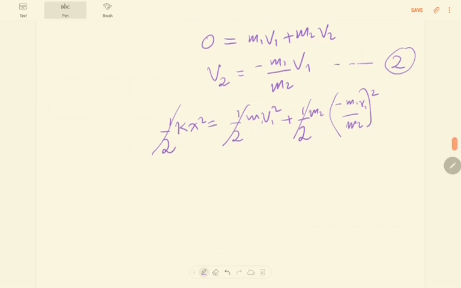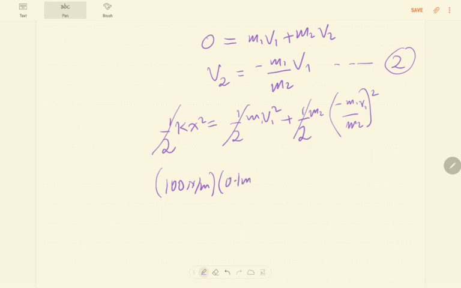Then just by putting in all the values: 100 Newton per meter times the compressed length, which is 0.1 meter.